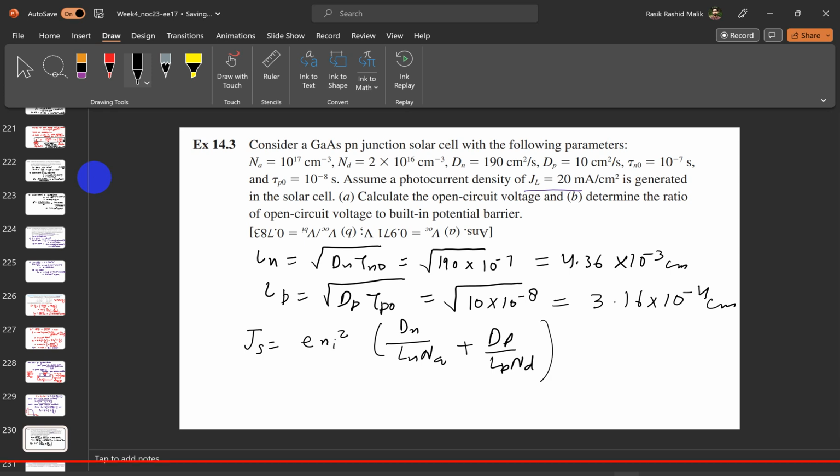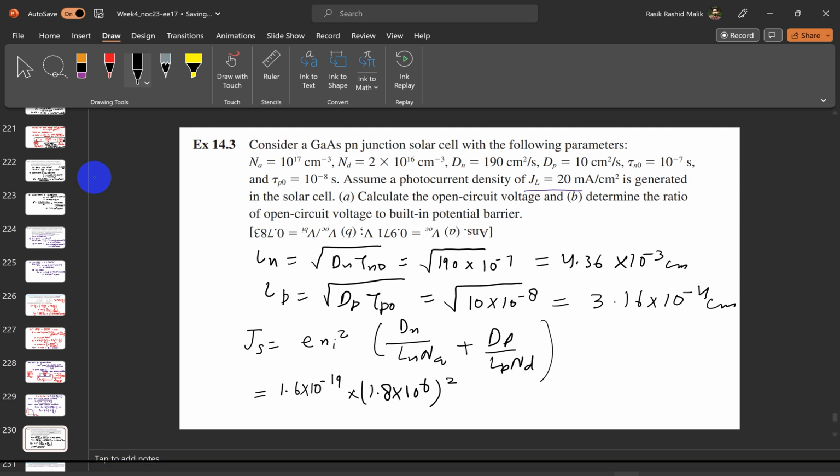So that is equal to 1.6 into 10 power minus 19, and for the gallium arsenide, ni is 1.8 into 10 to the power 6 per centimeter cube, so it is squared.